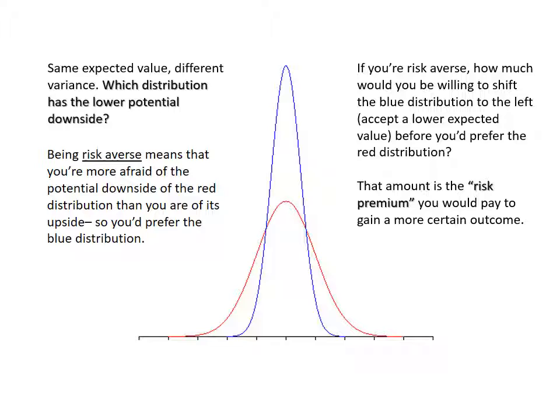So right now they have the same expected value, but if you're at the red distribution, that's your only choice, and you had some ability to pay money to shift the whole distribution to the left in order to shrink its variance, to make it look more like the blue distribution, how much would you pay? And that value that you're willing to pay is really the risk premium, right? That's how much you would pay to gain a more certain outcome.